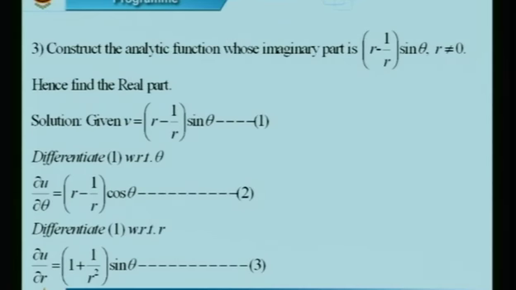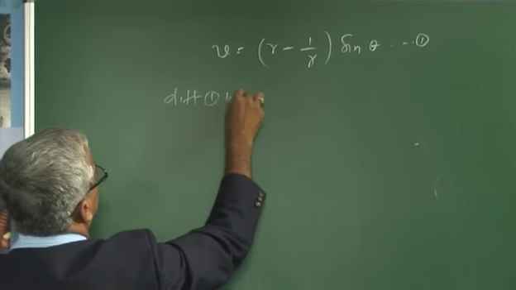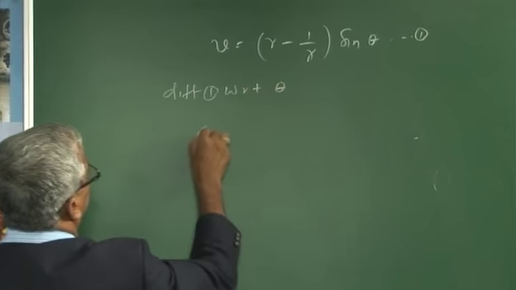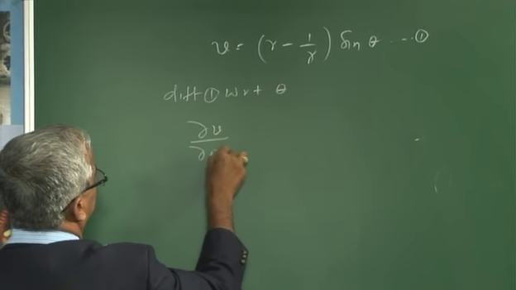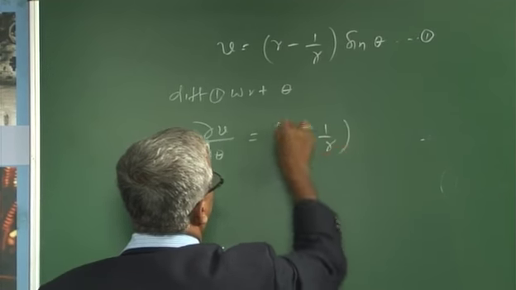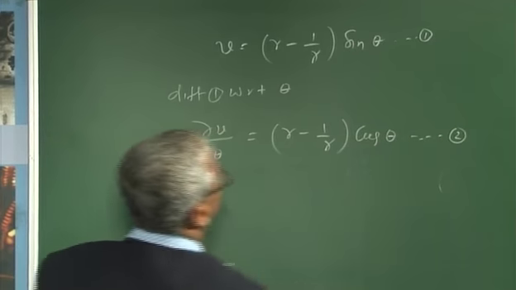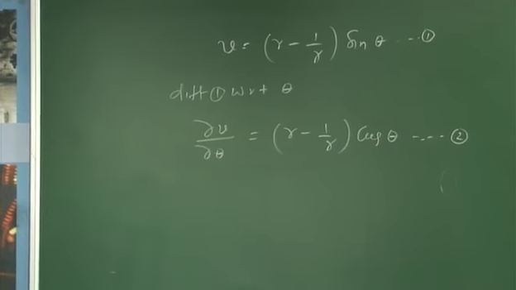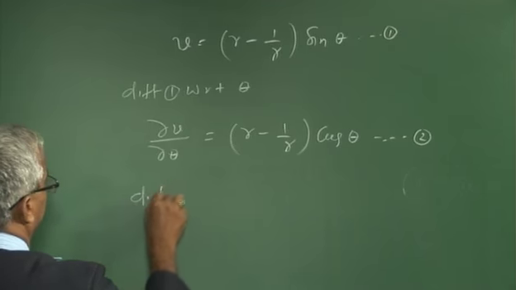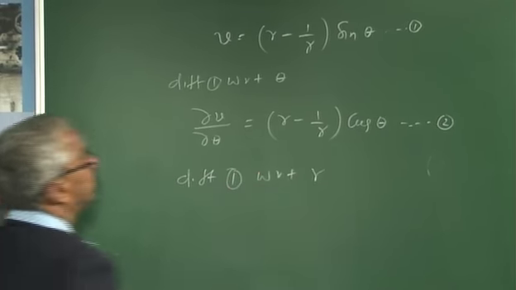So differentiate this with respect to theta: dou V by dou theta is equal to r minus 1 by r into cos theta. Take this one as equation 1, and again differentiate with respect to r.